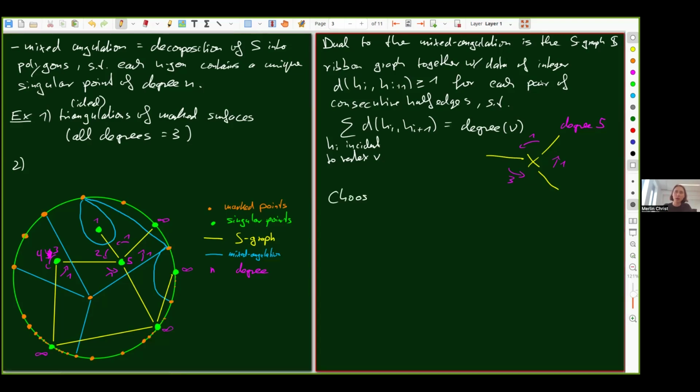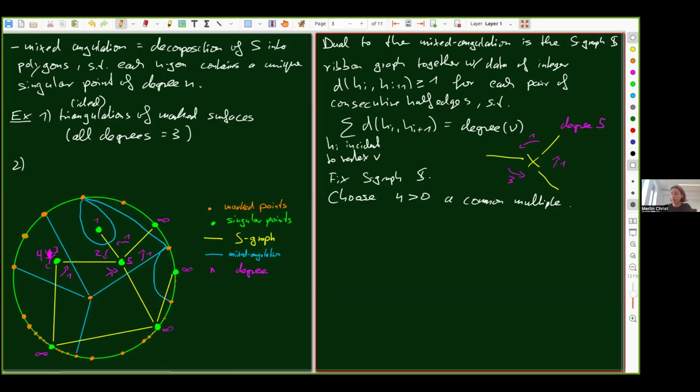So now, to define the RGB algebra, the graded Brauer graph algebra, we need to input an n bigger than 0, an integer which is a common multiple. So we first fix an S graph, which is dual to a mixed angulation.